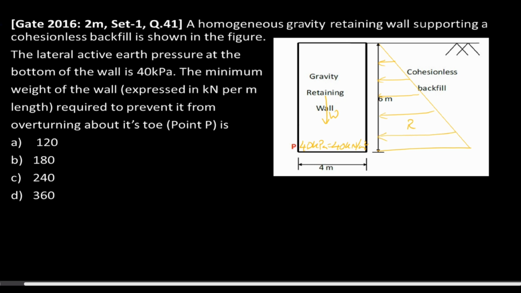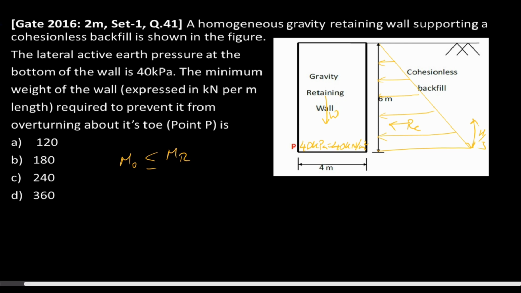And the reaction of the cohesionless backfill will be acting in the horizontal direction at a depth of H by 3. So the weight of wall required to compensate the overturning moment is such that the overturning moment should be lesser than or equal to the resisting moment.